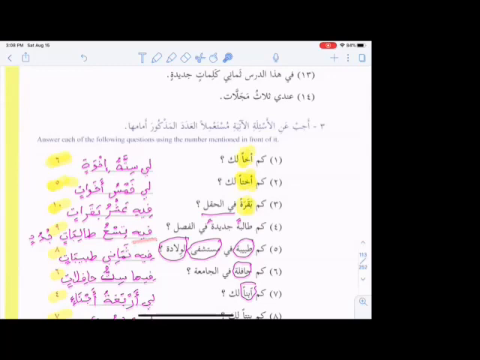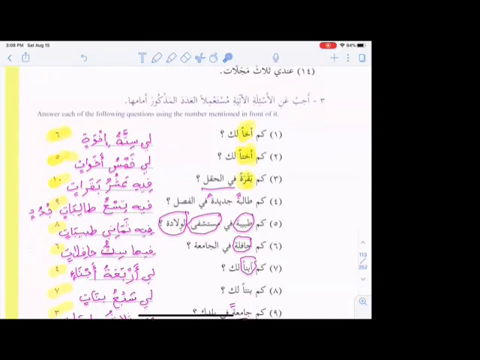Fihi, in the class. Talibatan, see, feminine. Fihi tisu talibatin, then jududin. Because this is aqil, it becomes a proper naat.